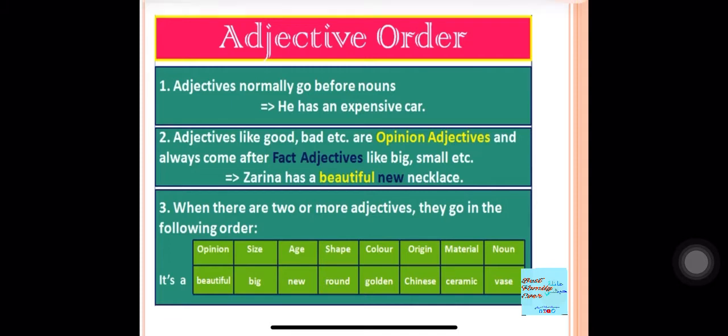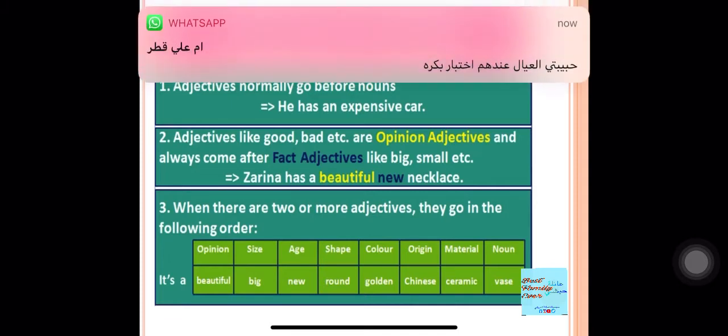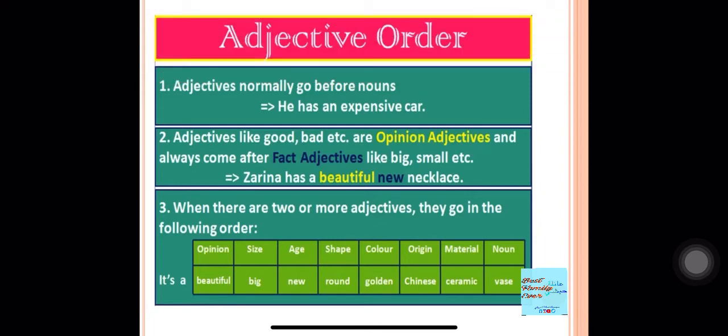For example, is it Chinese, Japanese? Is it English, Polish, Egyptian, Lebanese, Kuwaiti, Saudi? Okay. Material. What kind of material is it? Is it paper? Is it ceramic? Is it wood? Okay.